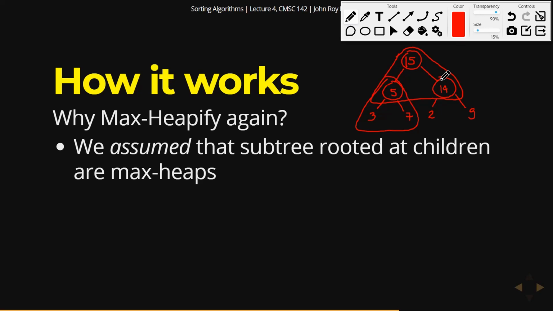So if we swap something here, we need to max heapify again starting from that node, because it could have violated the previously assumed max heap at that subtree. So we max heapify again here, so 7 will be moved here, and 5 will be moved down, and then it's a max heap again.